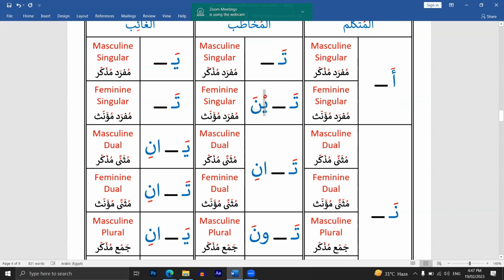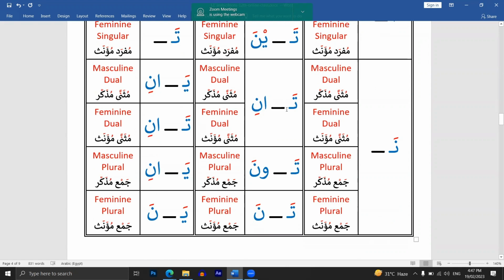This ya we call ya al-mukhatabah al-mu'annathah, the feminine addressee. It's only for second person feminine singular. You will never see it again. So if I'm talking to a single female, I will conjugate the present verb by adding the prefix of ta and the suffix of ya nun.